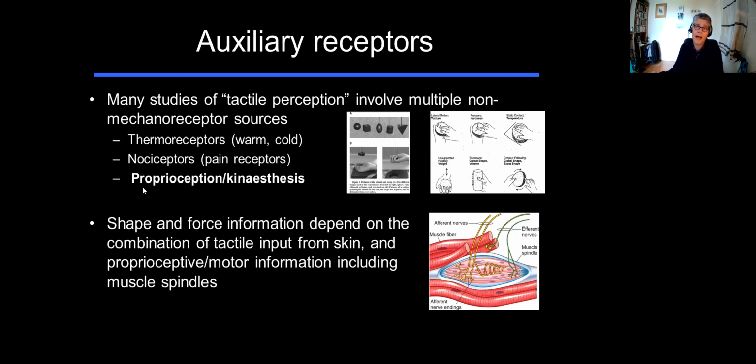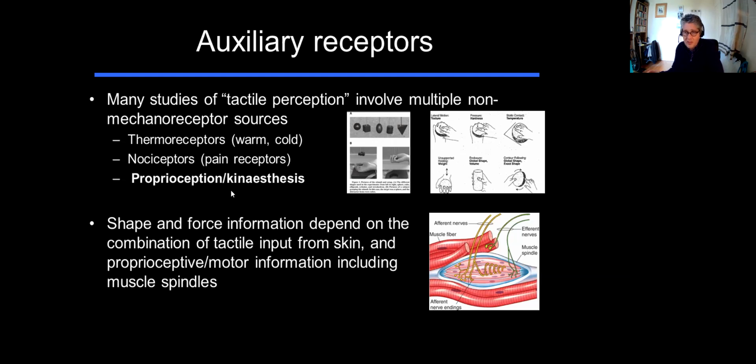And possibly the most important one is the signals from proprioception and kinesthesis. These are both quite strange terms, but what they really refer to is some sensory endings, not in the skin at all, but in deep tissues, particularly muscles, but also tendons and joints, which are very relevant to how we use touch for perception.